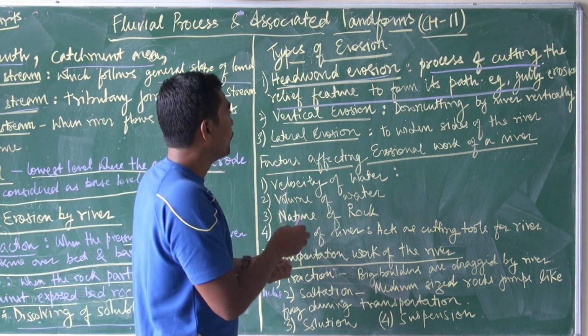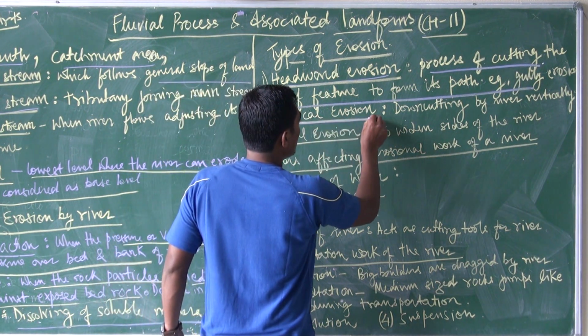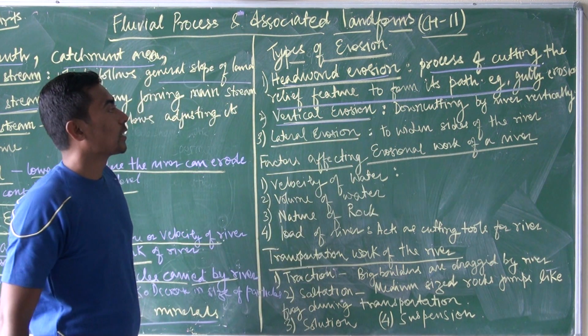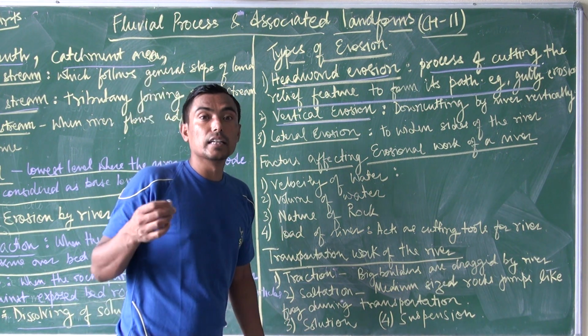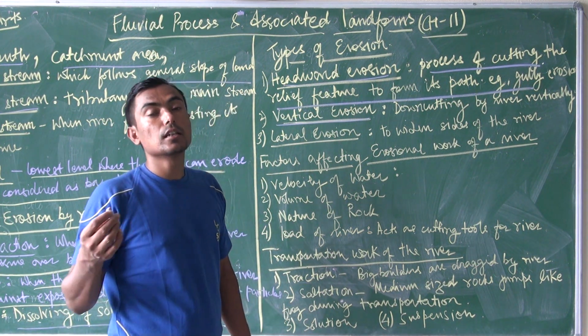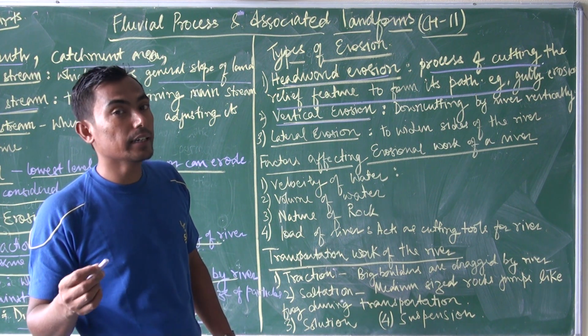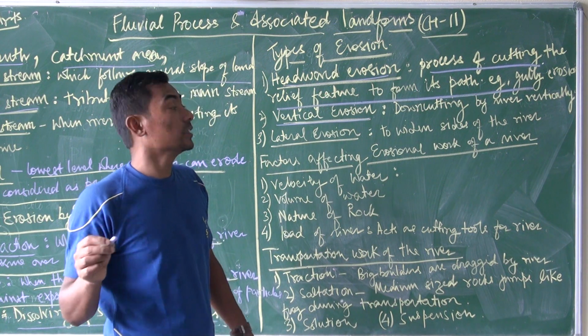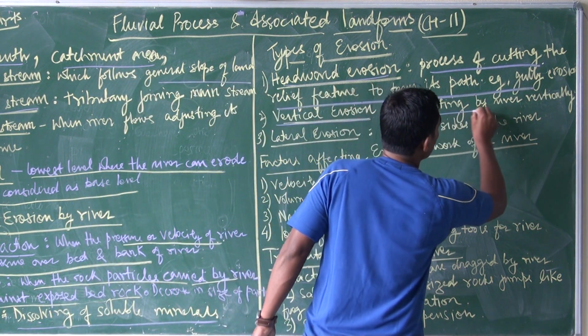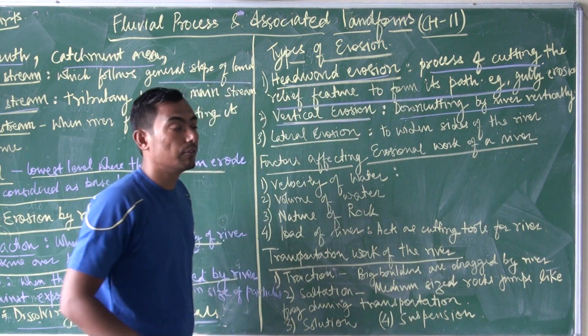Next, vertical erosion. Vertical erosion comes into existence especially in the hills, because in the hills the velocity of the water is very high. As the velocity of the water is very high, it results in higher down cutting by the river vertically.